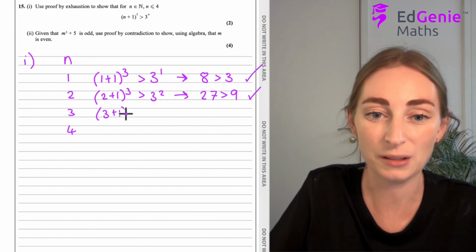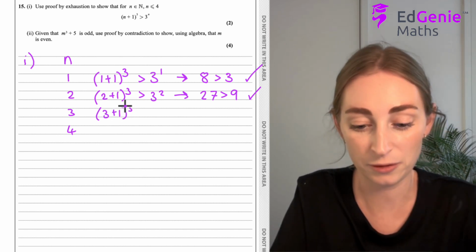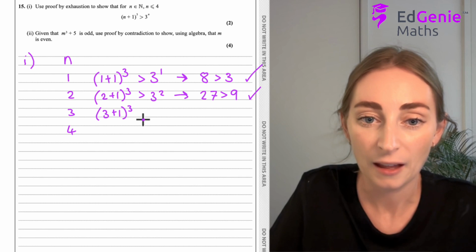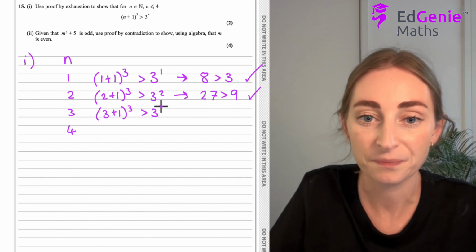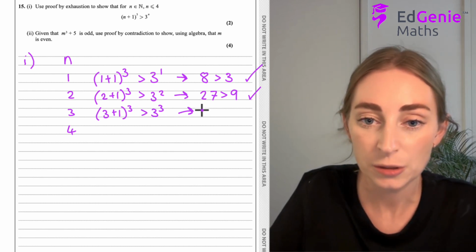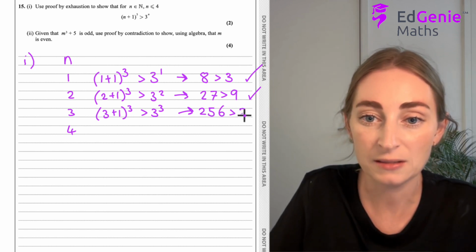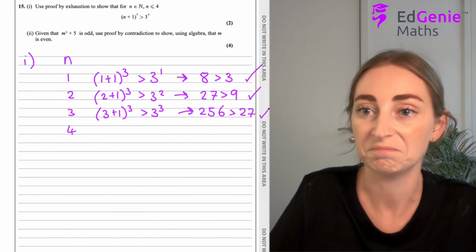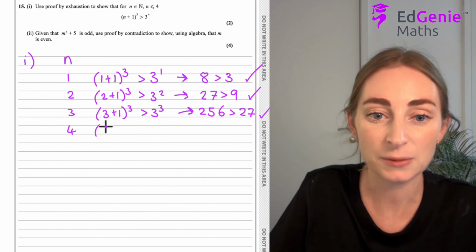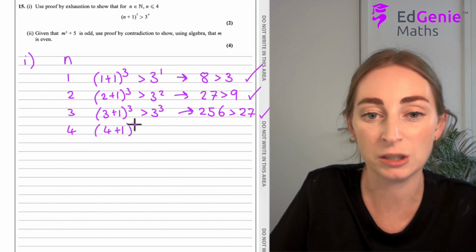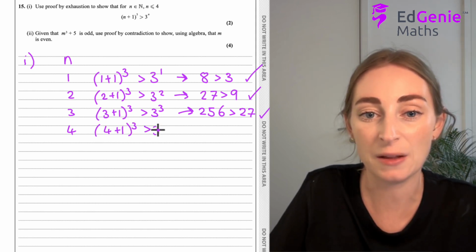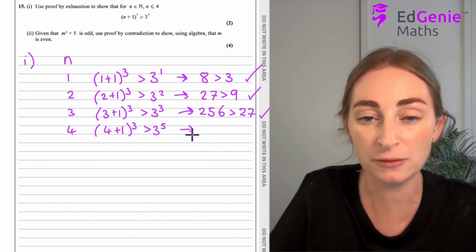3 plus 1, all cubed. That's going to be 4 cubed, which is 64. Is that greater than 27? Yeah, it is. Next one, (4 plus 1) cubed.